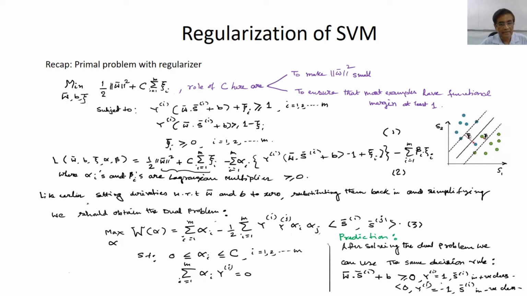Like earlier, we can solve the primal problem. How? By partially differentiating this Lagrangian function with respect to w and b and setting them to 0, and then whatever value we got of w, we substitute back and simplify. The derivative of L with respect to b gives the condition that something equals 0.